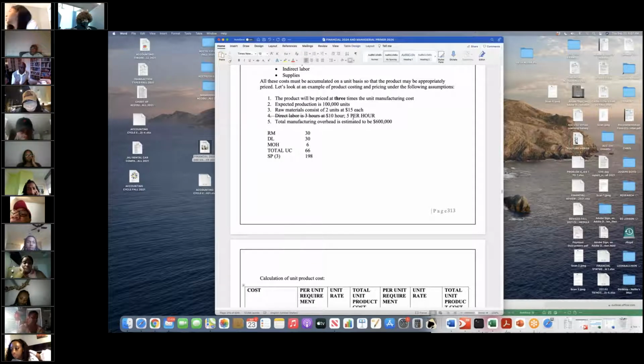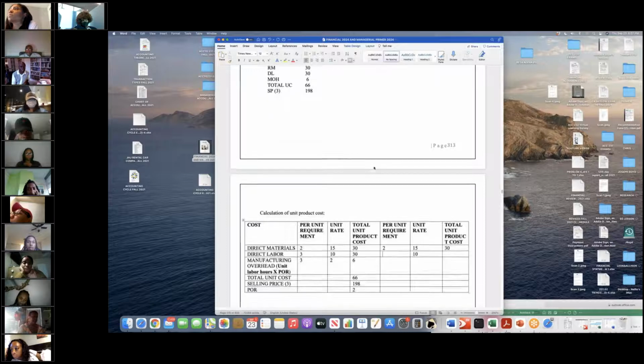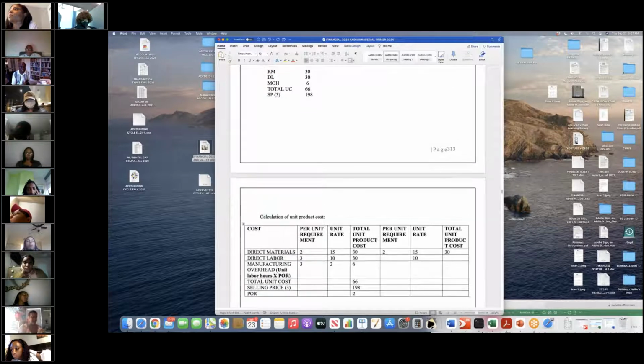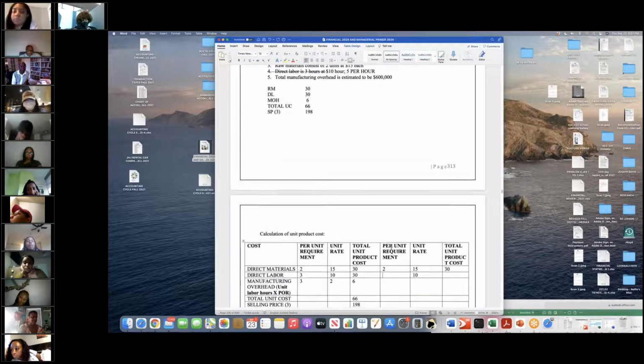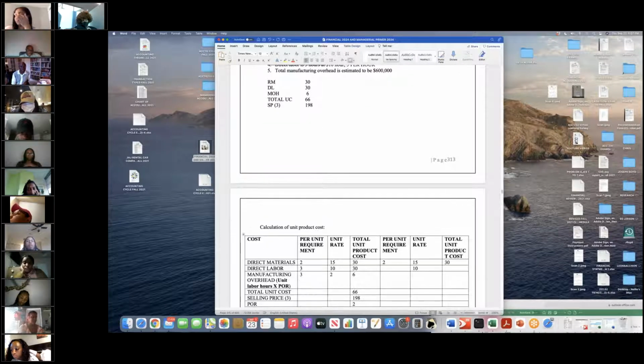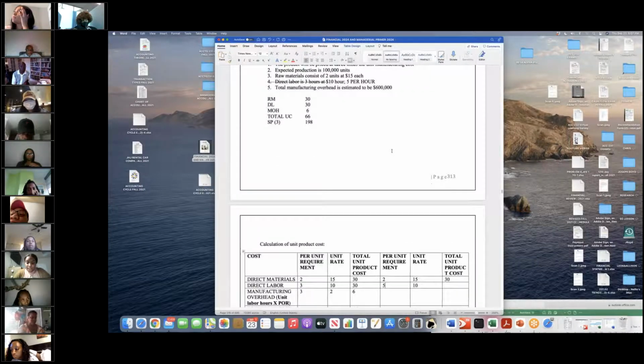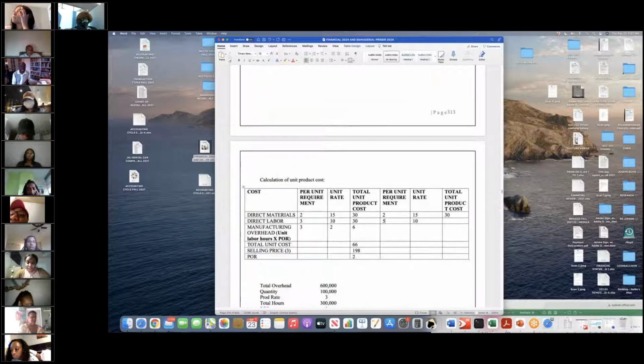Now you've got to remember, everything is on a unit basis. How much did it take to make 1 cup? The per unit requirement is 5, but because you have a situation where it's 5 per hour, you can make more than 1 in an hour.